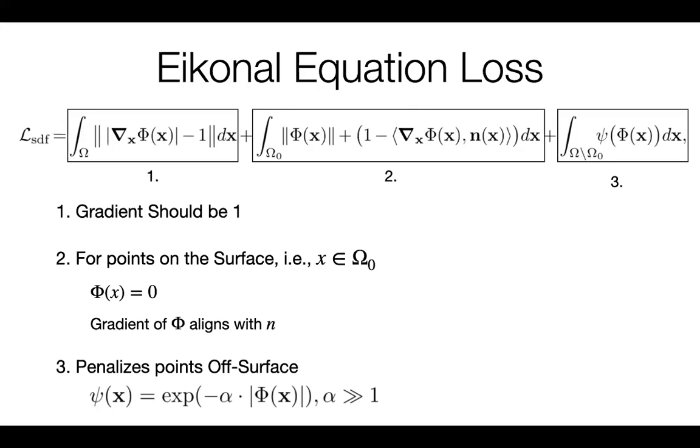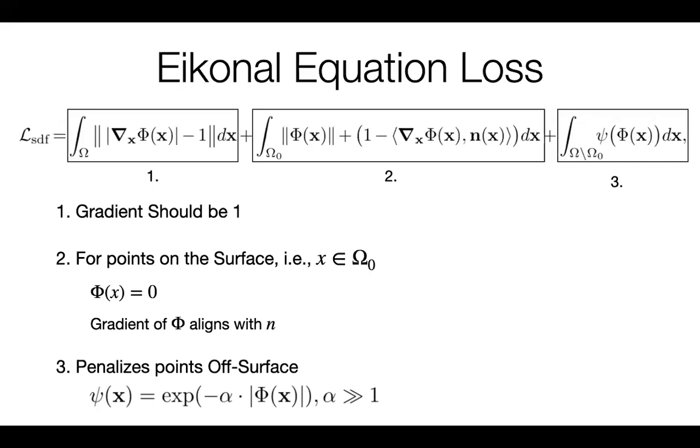The first term is 1. That means that the gradient should be 1, because the gradient of a signed distance function has norm 1, since it's basically the distance, right? And then for points that are on the surface, it should evaluate to 0. And for those points, we also want to align the gradient of the network with the normal of the surface there. So these are the two terms in number two.